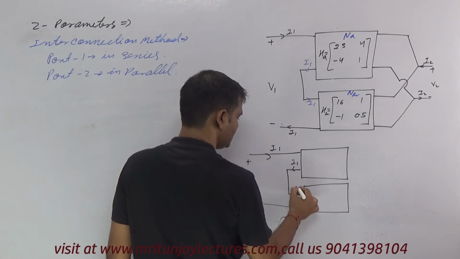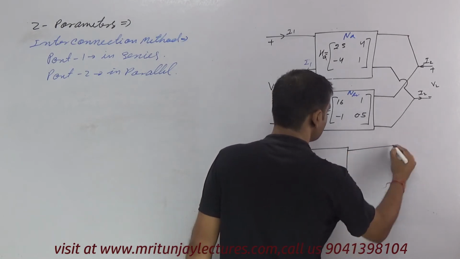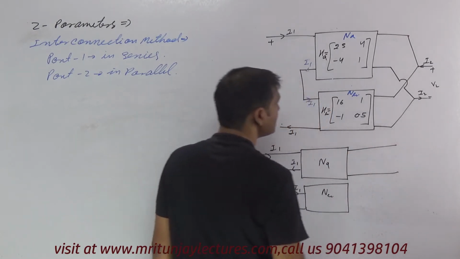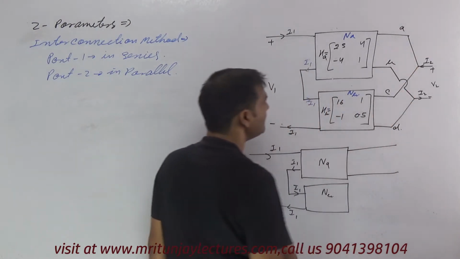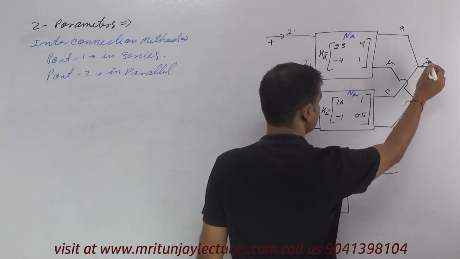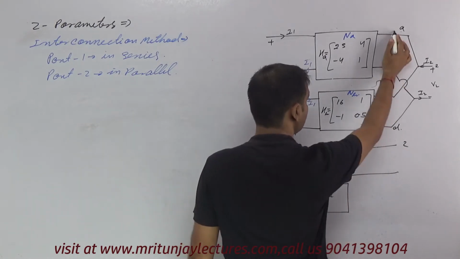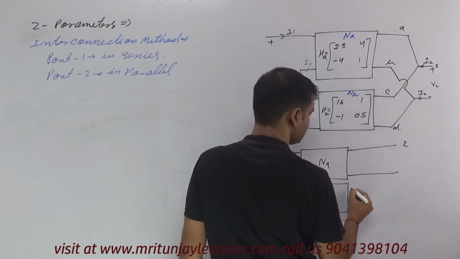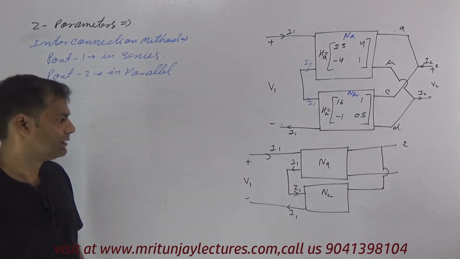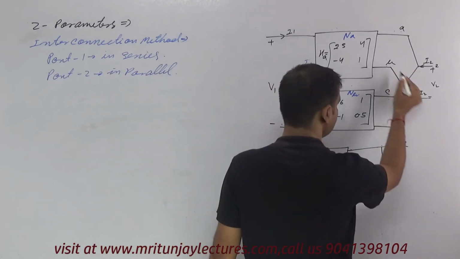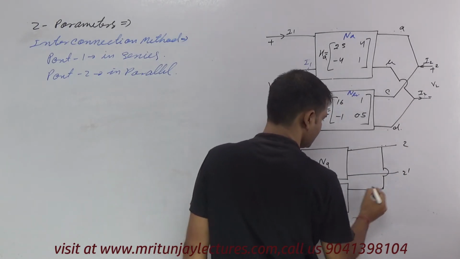That is NA and that is NB. If you have any doubt, take terminals A, B, C, D. A and C are connected to 2, and B and D are connected to 2 dash.